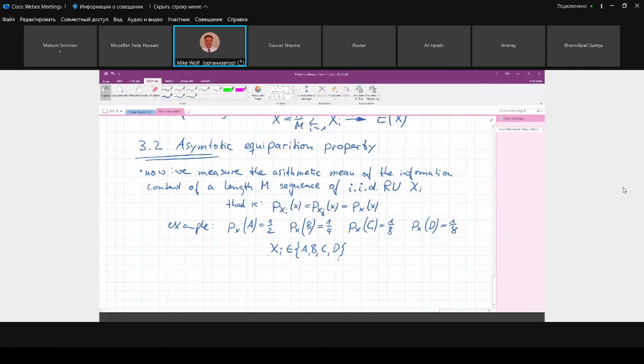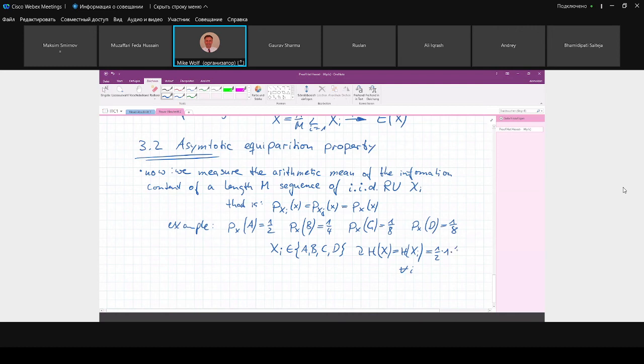And this means, in this example, we could say h of x is equal to h of, let's say, xi. Independently of this, for all i's, we get the same entropy because they have the same statistic. And this is just, what is it? 1/2 times 1. This is the information content of, we generate an A. If we generate a B, we have an information content of 2.